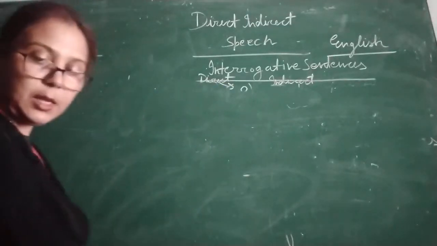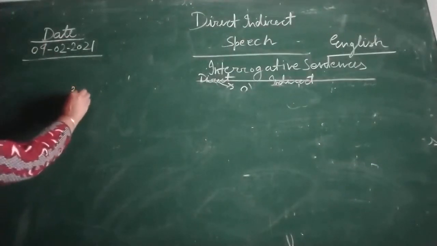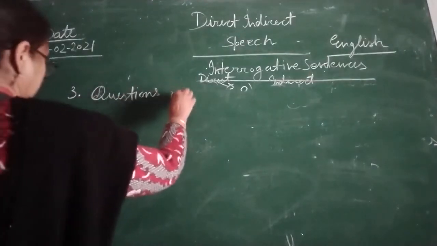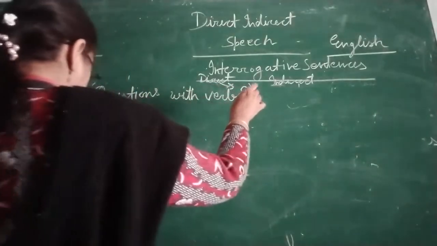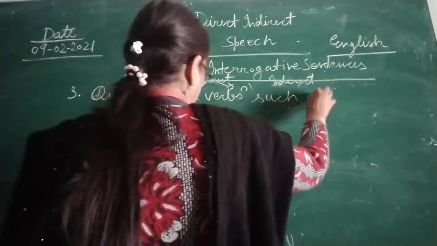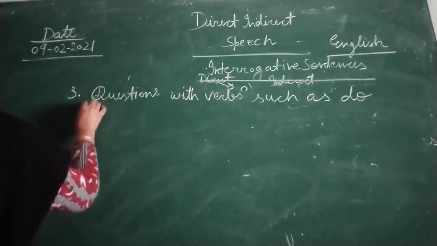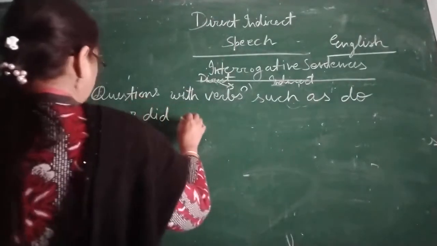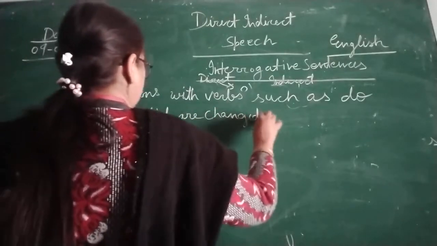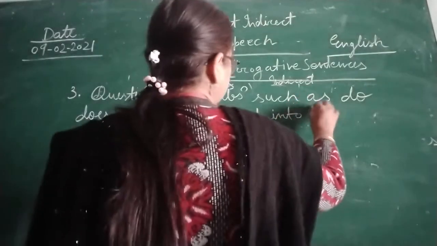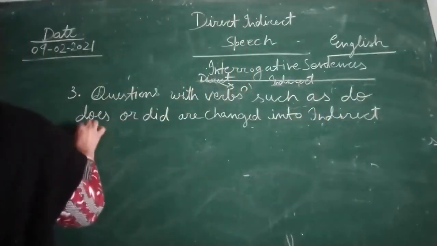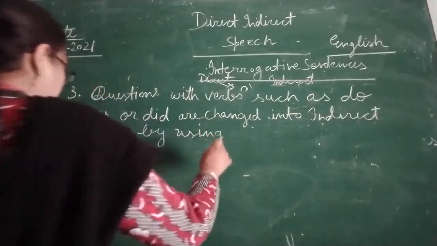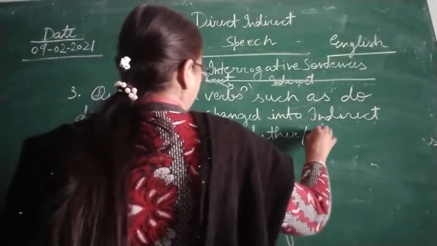Making interrogative sentences from direct to indirect speech. The third rule is: questions with verbs such as do, does or did are changed into indirect speech by using whether or if.